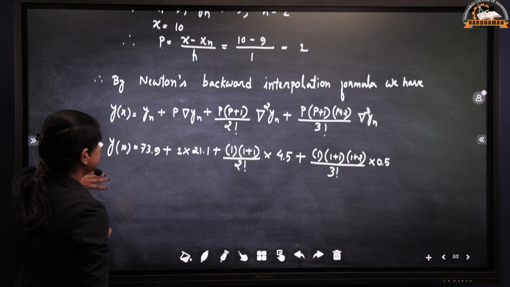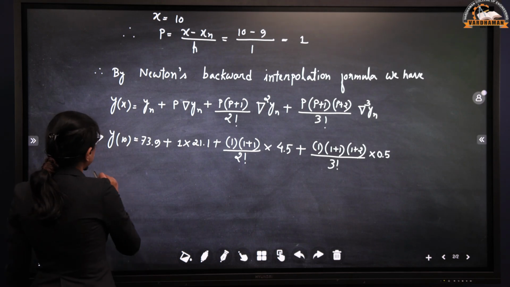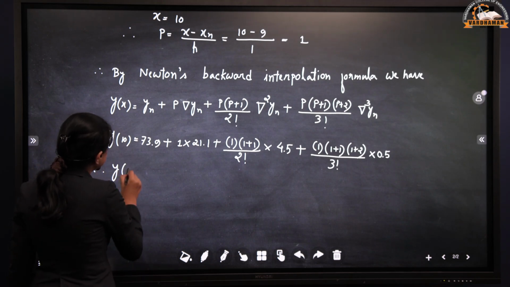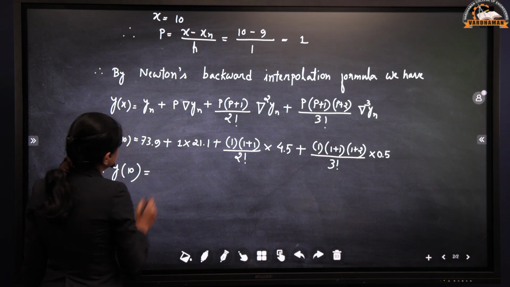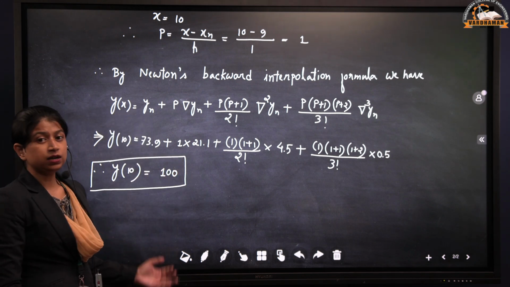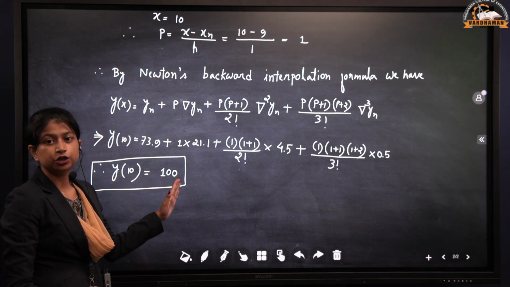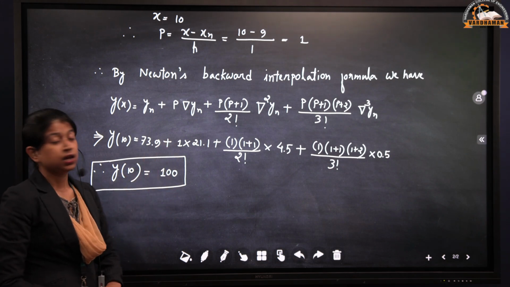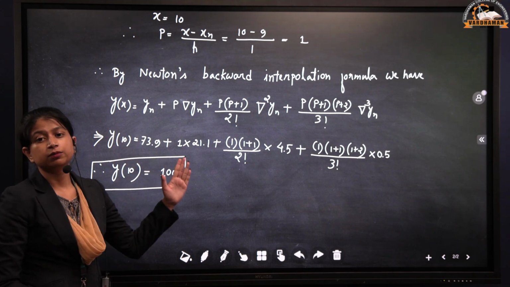Now if you compute this value, you will get y10 is equal to 100. This is how you can find the 10th term of the series using Newton's backward interpolation formula.